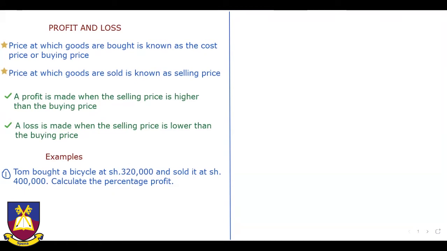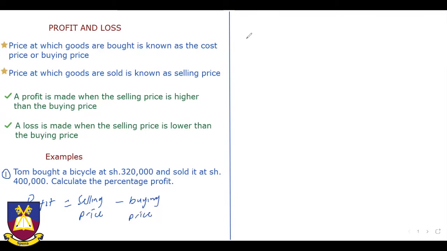The first thing we're going to do is to determine the profit. So profit is equal to the selling price minus the buying price.